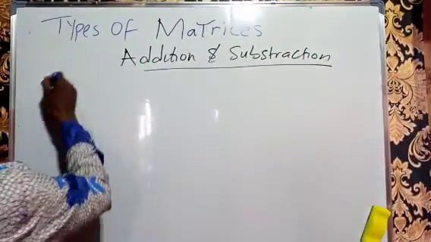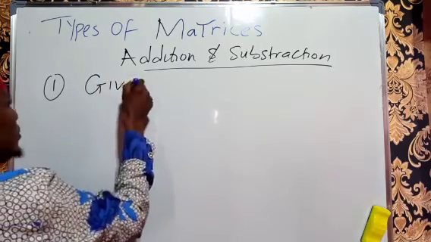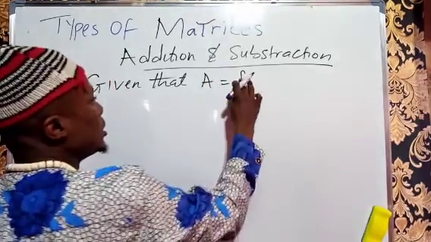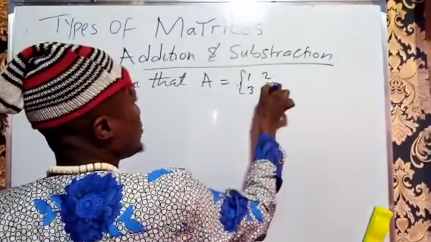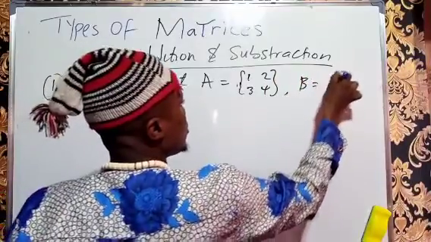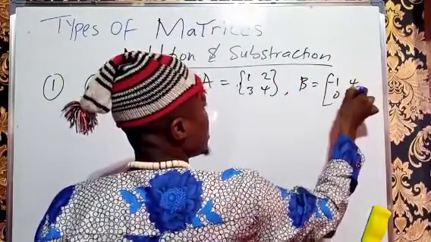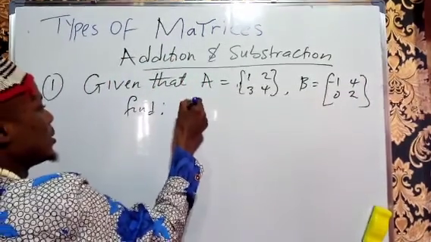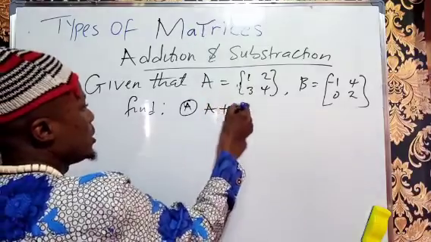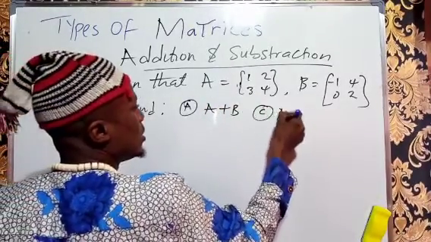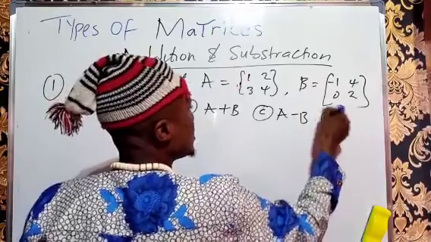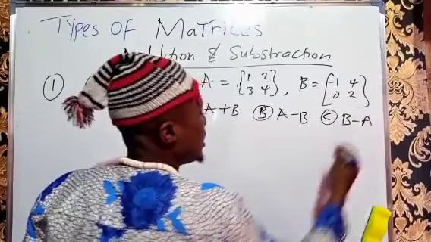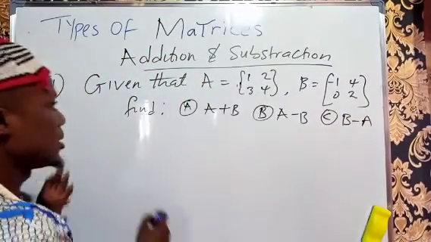For example, somebody can tell you that given matrix A equals 1, 2, 3, 4, and B equals minus 1, 4, 0, 2, you can be asked to find (a) A plus B, (b) A minus B, (c) B minus A. Okay, so let's see this. Solution.